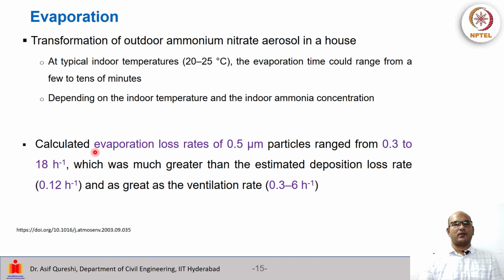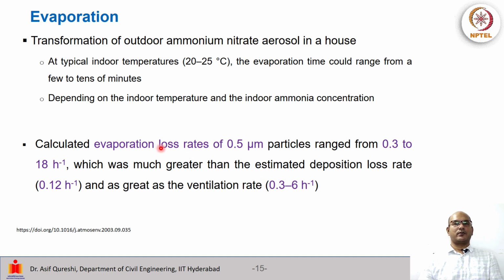In another study, the evaporation loss for the 0.5 micrometer particles ranged from 0.3 to 18 per hour, and this is much greater than the deposition loss rate, which was about 0.12 per hour. So 0.12 is much lower than 0.3 to 18 per hour, and this 0.3 to 18 matches well with typical to high ventilation rates, which would be 0.3 to 6 per hour. So 0.3 and 0.3 is a similar number.